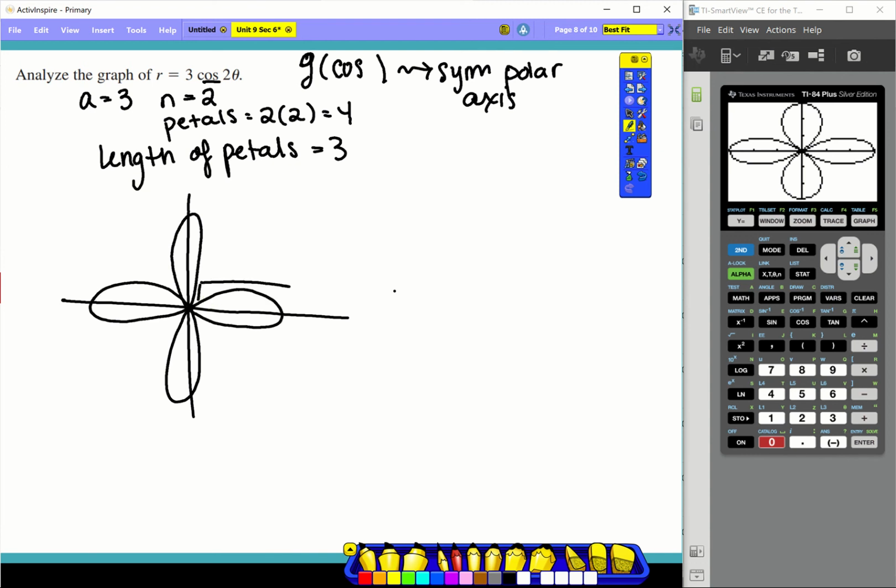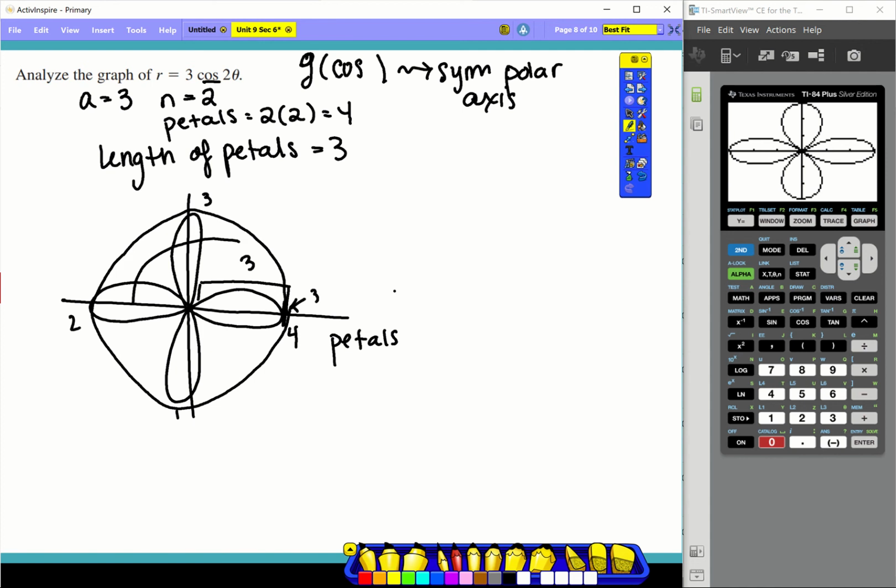Where this length is 3, and you have 1, 2, 3, 4 petals, which means that this right here is 3. So if we were to graph that on a circle, this is kind of what you would see. Weird, right? It's like a box fan.